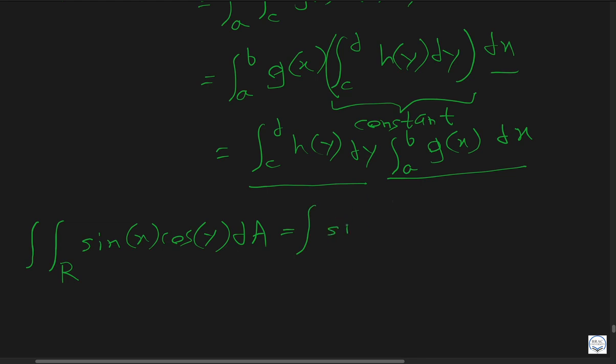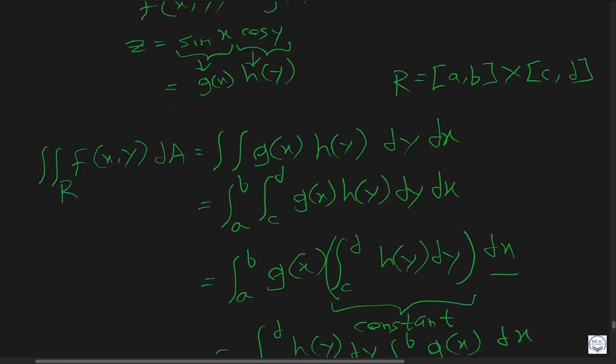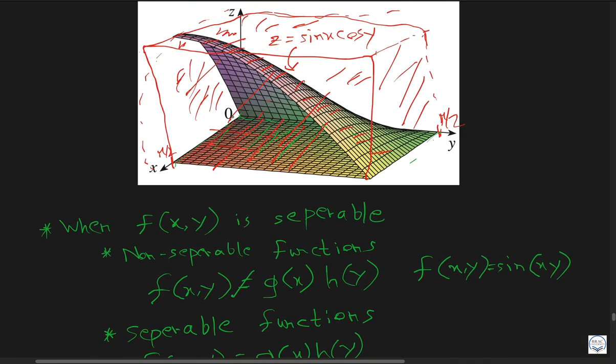One is in terms of x. We don't really have to write y first and x later, we can do it the other way as well, doesn't matter. Now we write down the limits. In this rectangle, x is varying from 0 to pi by 2, y is also varying from 0 to pi by 2.